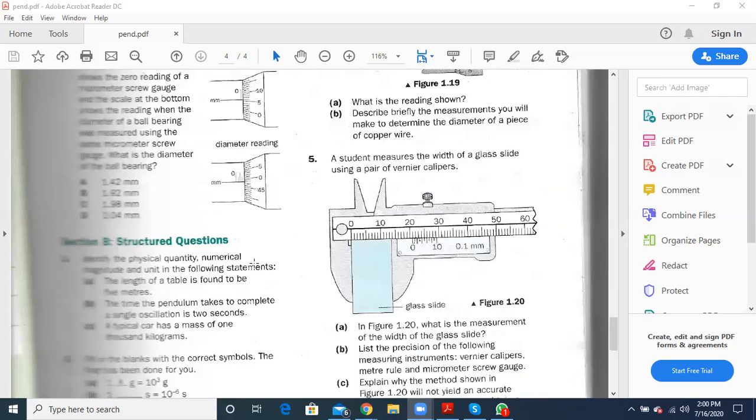So basically we started from physical quantity and we learned what is a physical quantity, and there are 7 SI units and 7 base physical quantities. Then we learned about instruments for measuring length, and that contained vernier caliper, micrometer, meter rule, and measuring tape. Then we went through the instruments for measuring time, and how to measure the time period of a pendulum. Then we also went through random errors and systematic errors. We also went through precision and accuracy.